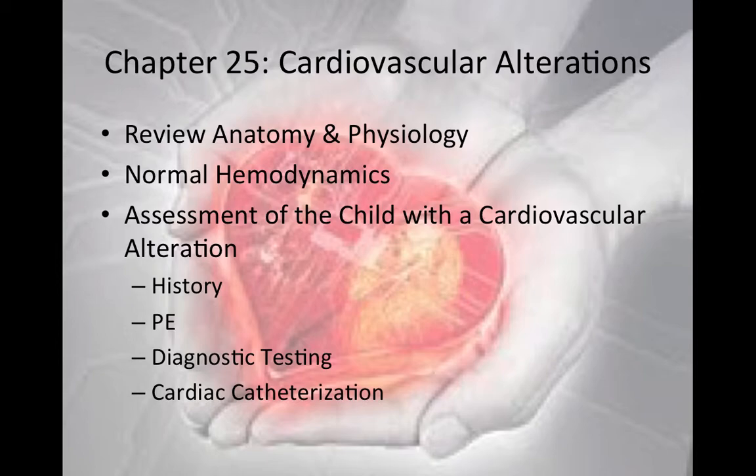I do want you to look at box 25-2, which classifies murmurs by grade. You do want to know the difference between grade 1 through grade 6. You also want to know how to take the blood pressures in a newborn and an infant and the differences that you will know from an adult or even an adolescent.